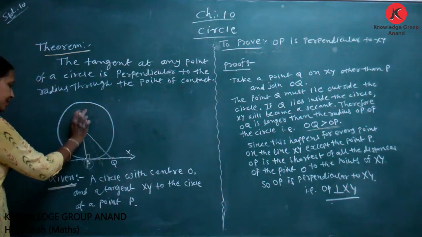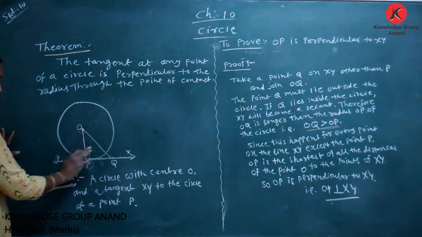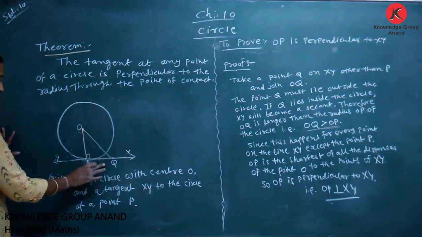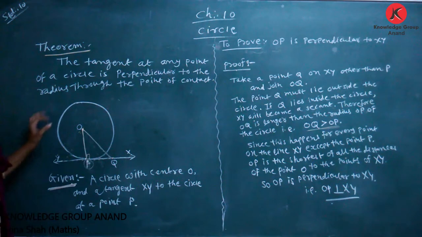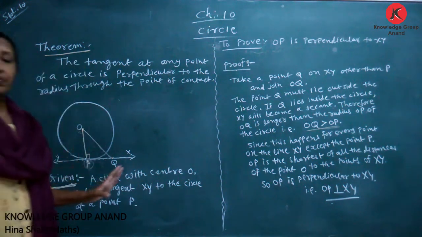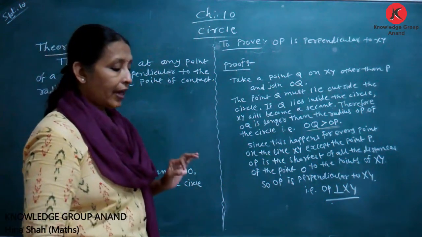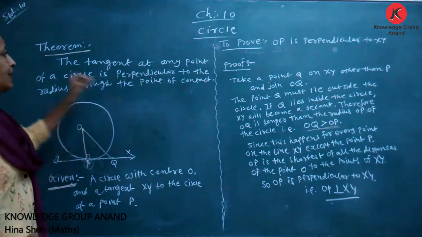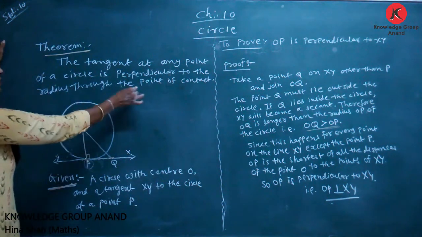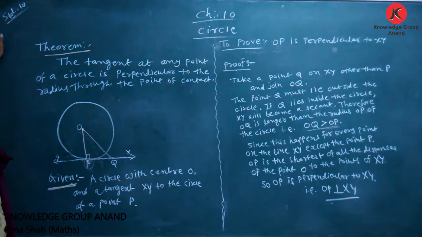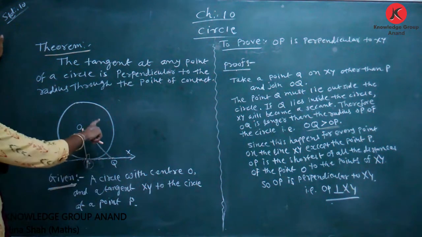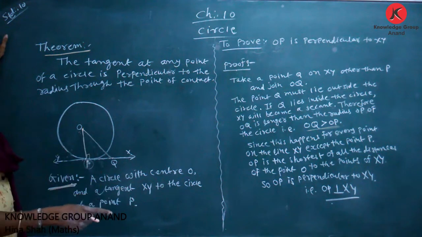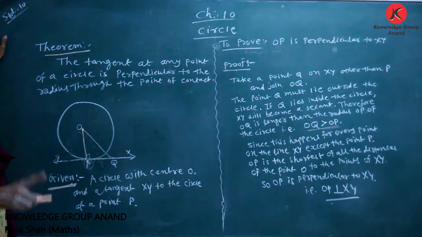Again, this theorem: the tangent at any point of a circle is perpendicular to the radius through the point of contact. First we draw the figure, then write given, to prove, and last the proof.